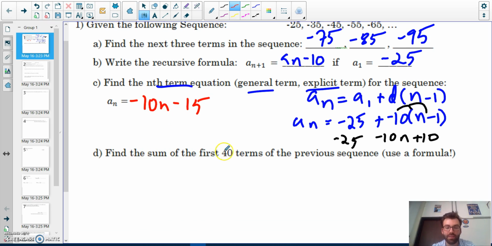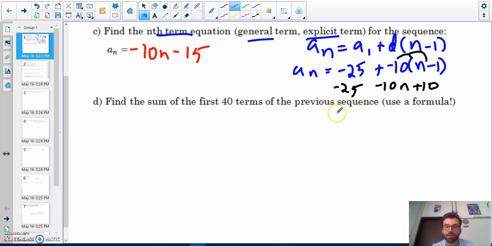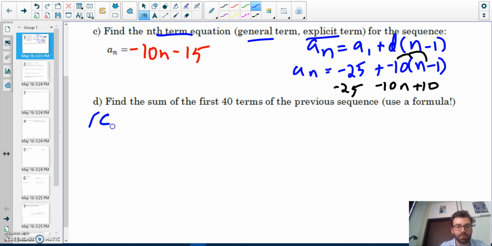Find the sum of the first 40 terms of the previous sequence. Use a formula. Again, we're dealing with arithmetic, so the arithmetic sum formula: S sub n equals n over 2 times a1 plus a n.